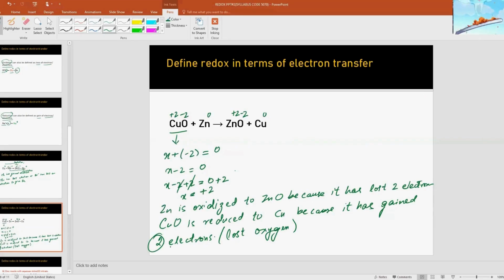And Zn is oxidized to ZnO because it has gained oxygen. Let me write gained oxygen for Zn.